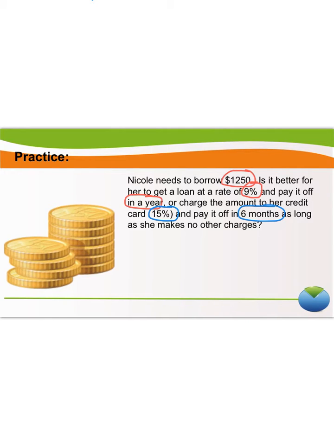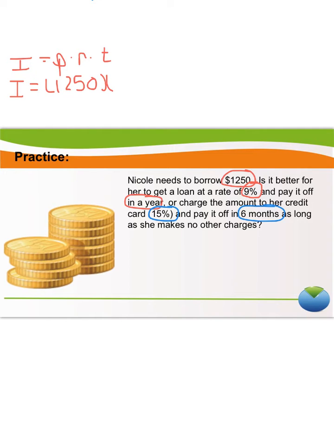Okay, let's do the loan up here. So my formula is interest equals principal times rate times time. So if she takes a loan out, she will pay an extra amount in interest. We're going to find that by taking $1,250, her principal.